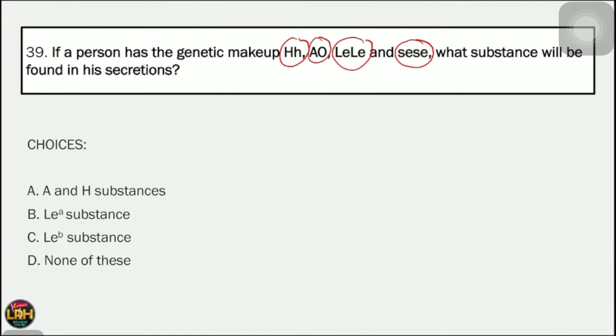So here, para lang din siya nung number 38, no? What was inherited is the Le gene only. So what would be the expected substance or antigen present in the secretion? And that is your Lea substance, your Lea antigen. So number 39, letter B.